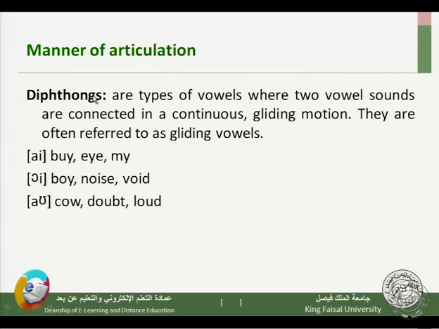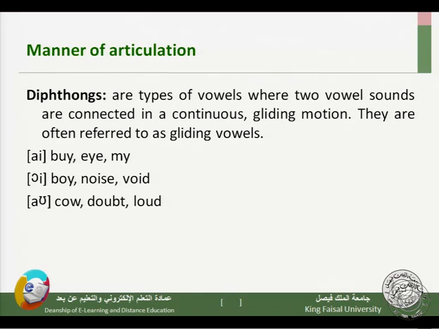There is another manner of articulation related to the vowel sounds: when we combine two vowels together, we get a diphthong. Diphthongs are types of vowels where two vowel sounds are connected in a continuous gliding motion. They are often referred to as gliding vowels.